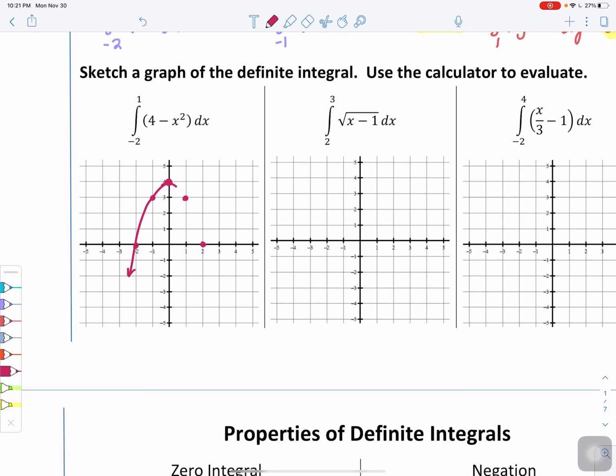Something like this. Okay? Now, if we want the area from -2 to 1, we want this area. So we could go ahead and use Math 9, and if you do that, you will get that this is equal to 9. Okay? So use Math 9.